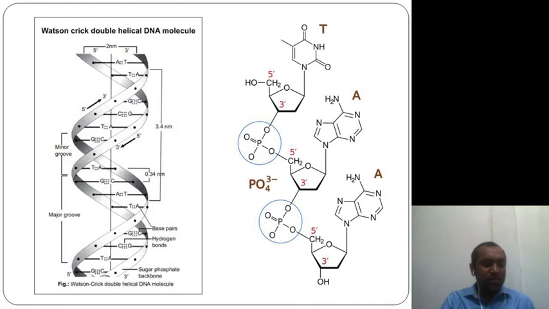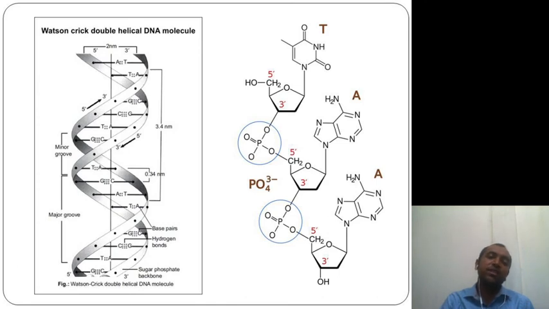Besides this, the two strands are anti-parallel, wherein if you take a closer look, you'll see that one strand runs in the 5 prime to 3 prime direction, and the other strand runs in the 3 prime to 5 prime direction, and it maintains a polarity. The polarity is due to the formation of the phosphodiester bond. In the figure towards your right, I have encircled with a blue color the PO4 3 minus, that is your phosphodiester bond.